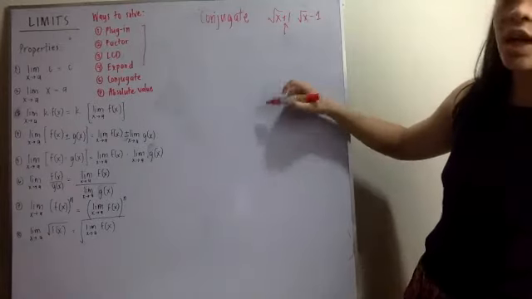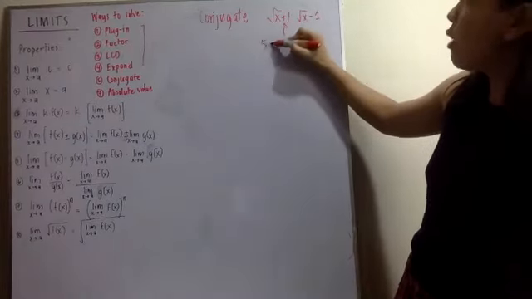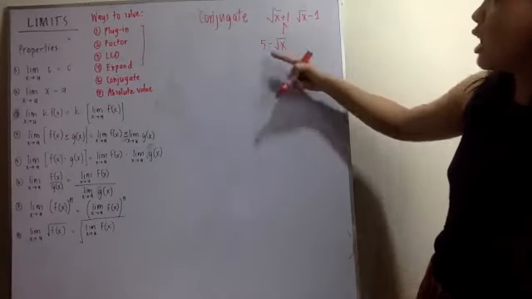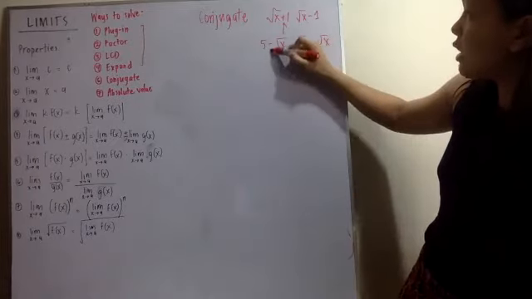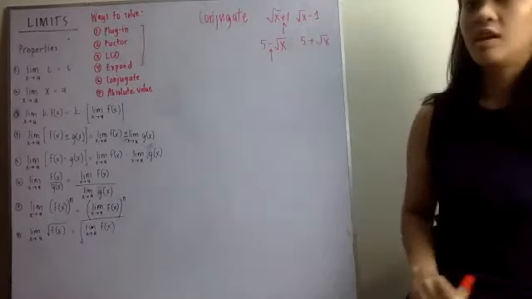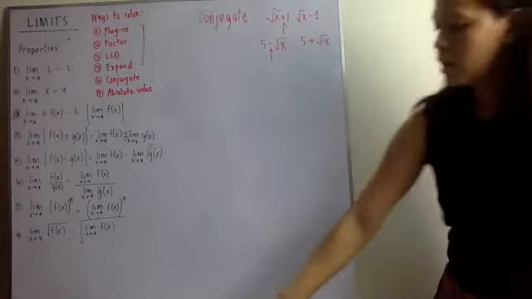What if we have 5 minus the square root of x? Its conjugate would be 5 plus the square root of x. The negative becomes positive. That's the conjugate.